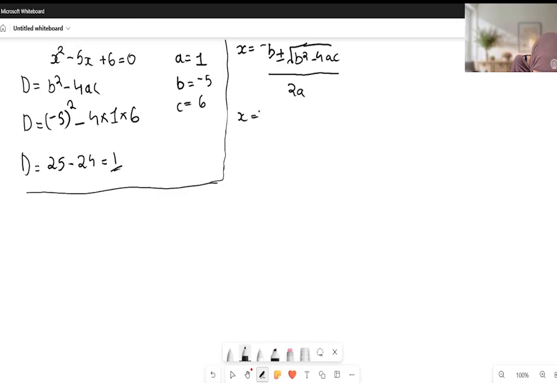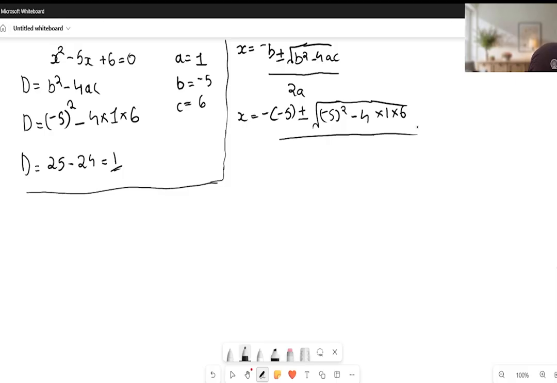So x is equal to minus 5 plus or minus root of b square, which is minus 5 square, minus 4ac. So 4 into 1 into 6 by 2a.